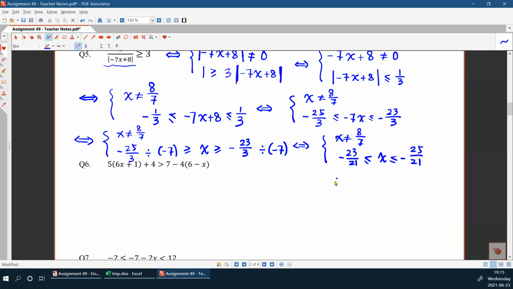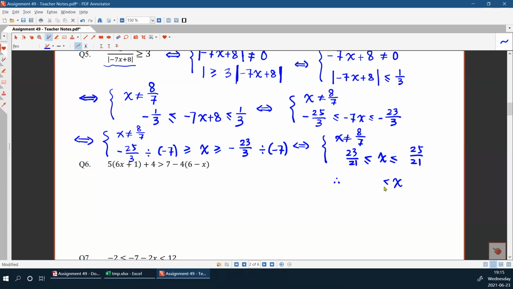Okay, so the common way of writing the final solution is like this. All right, there should not be a negative sign.